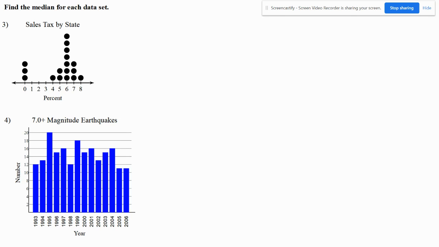First, let me start by writing my numbers in order. All right, so I'm finding the median in this case. Let me count how many numbers I have. Happen to have 17 of them.